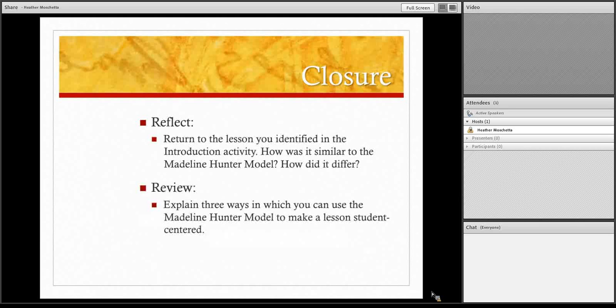Explain 3 ways in which you can use the Madeline Hunter model to make a lesson student-centered. And you will use this review activity as part of your assessment activity, which I'll go over on the next slide. So if you would, pause the webinar for a moment and reflect and review.